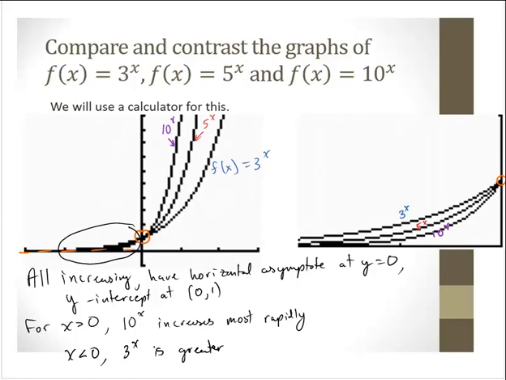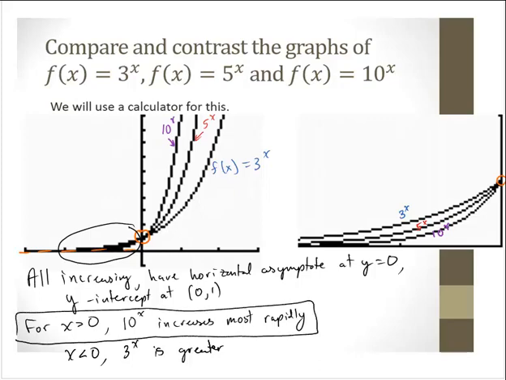Now, we usually are most concerned with what happens eventually, what happens to the rate of increase for positive values of x. So I'm more concerned with this part, that when we have positive x values, the larger base will increase most rapidly.